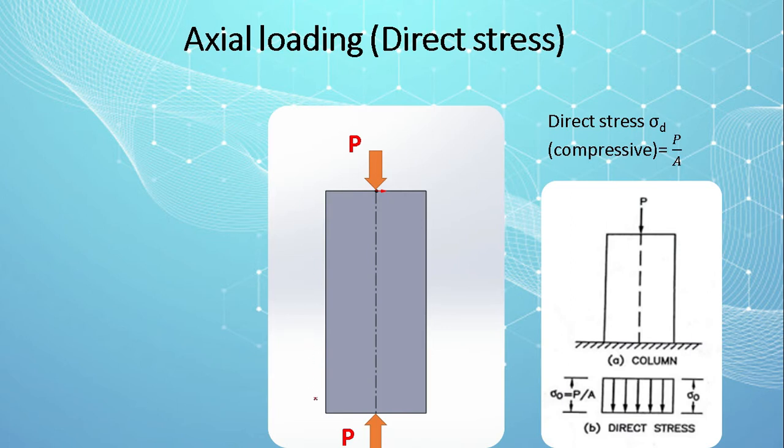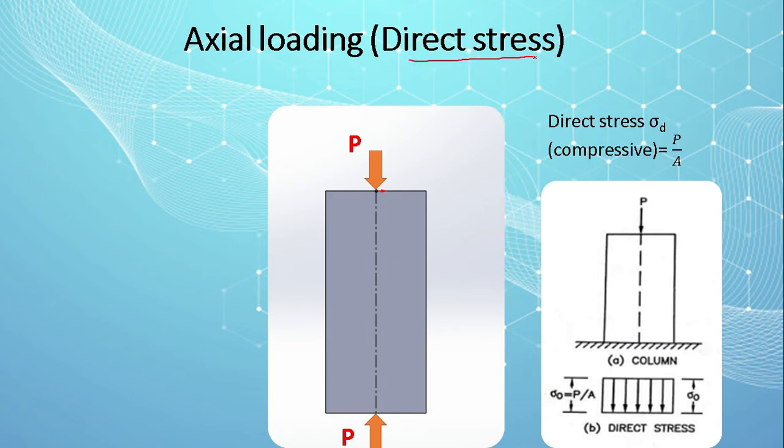Suppose we have one column and force P is applied along the axis of this column. When we apply force along the axis of column, in that case the stresses generated are direct stresses.